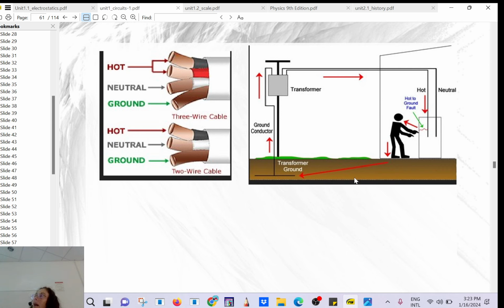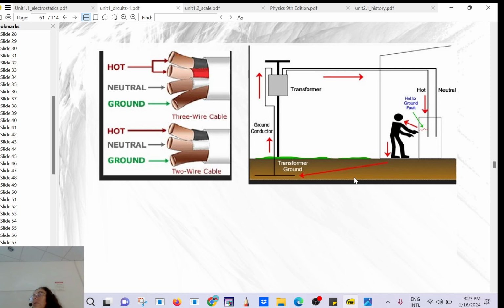But they also have a neutral. They also have a return ground connector. Okay, so in Europe, that's the whole story. You have to blame Thomas Edison. Thomas Edison decided that voltage was very dangerous, so he pushed it to be at most 120 volts.